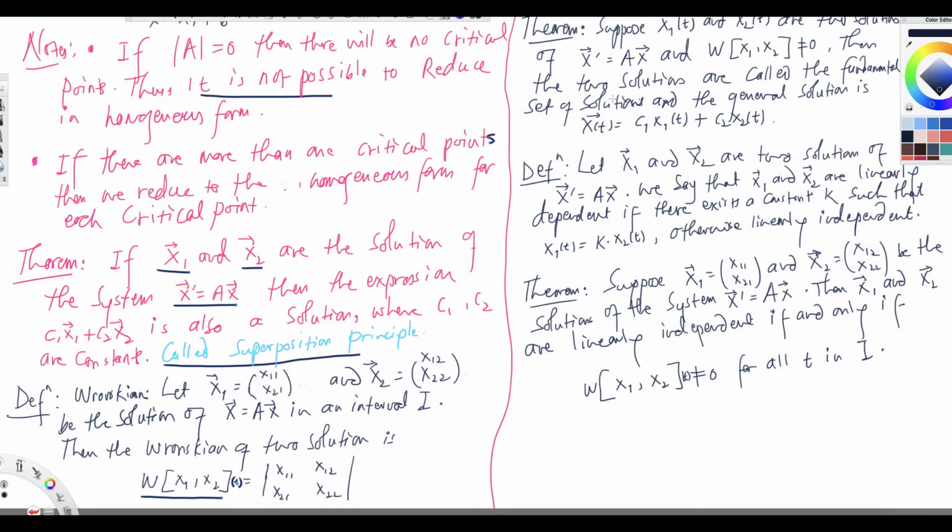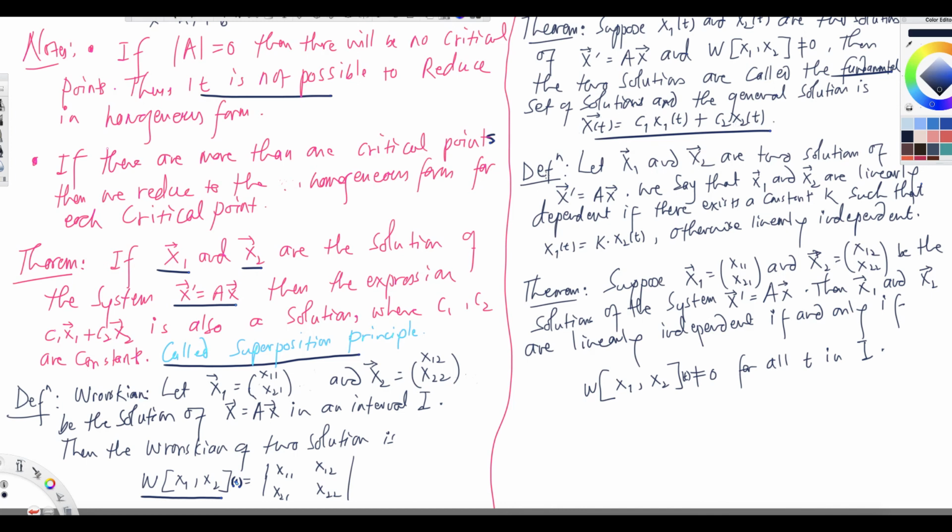Then the two solutions are called a fundamental set of solutions. If the Wronskian is not 0, we call those solutions the fundamental solutions. And the general solution, how do I write it? We write c1 x1(t) plus c2 x2(t). That's what we do.